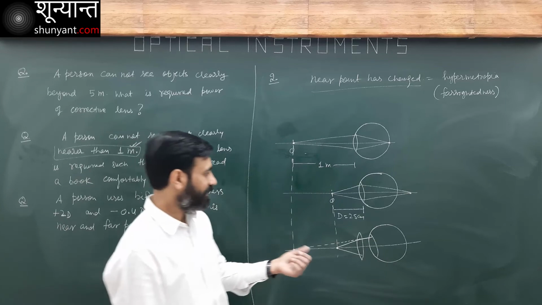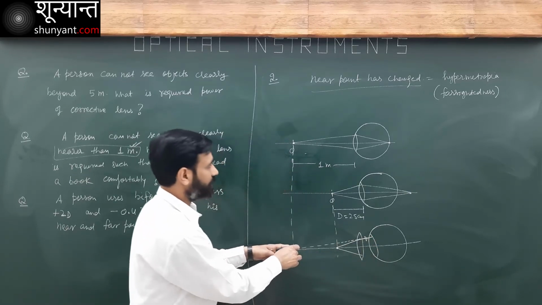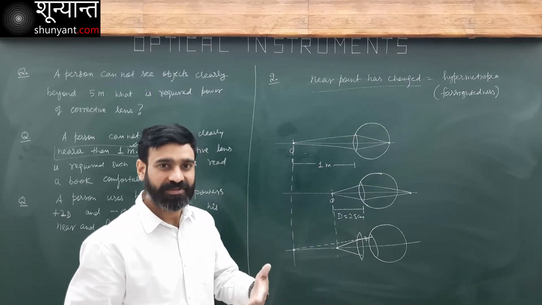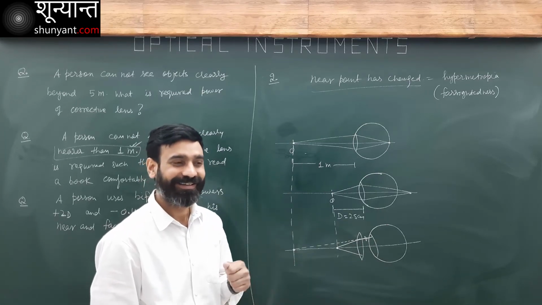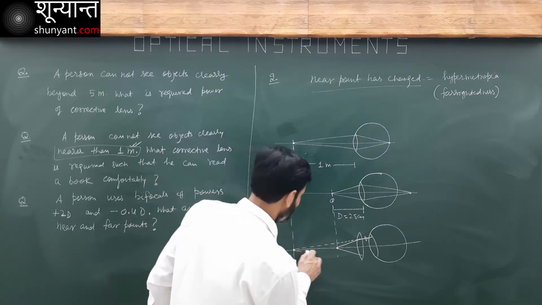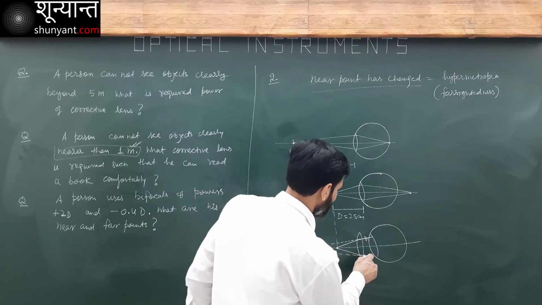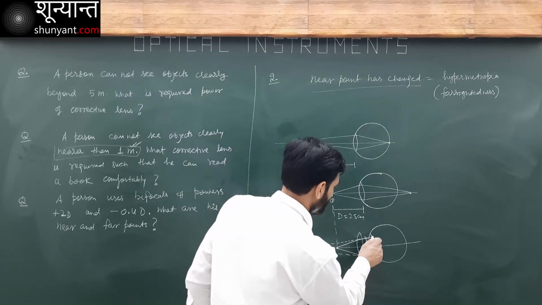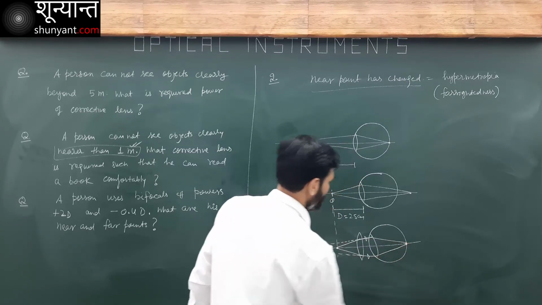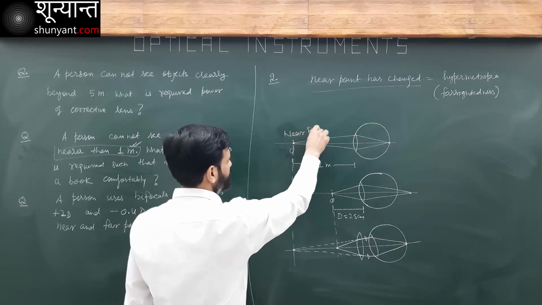The eye will think that this light ray is coming from this point, which is my near point. So that's fine, let me see it. Then the eyes will start seeing it. That's how I trick my eyes into believing that the light rays are coming from a nice point. This is my near point. My near point has receded.